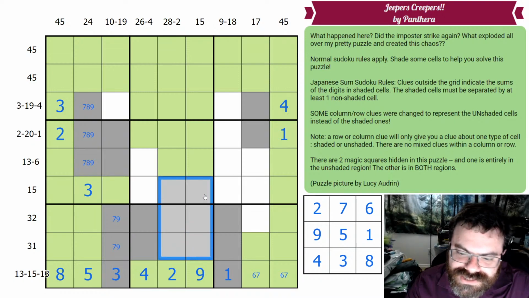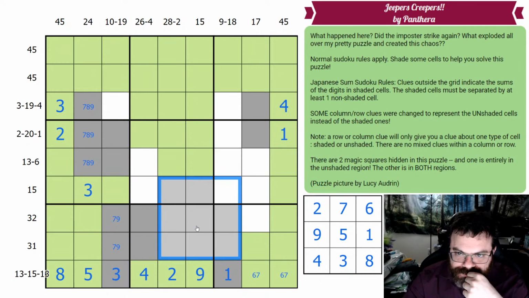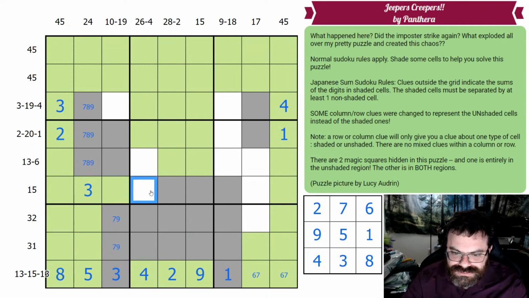So can we prove it can't go here? If it went here, these would be green.